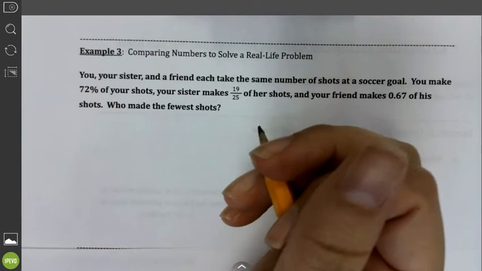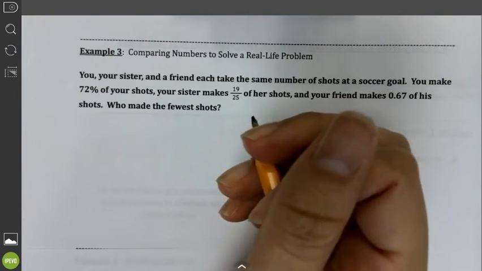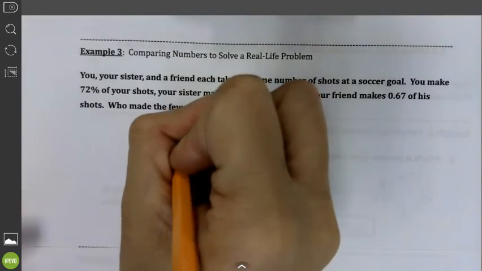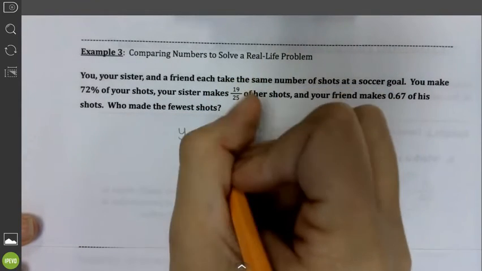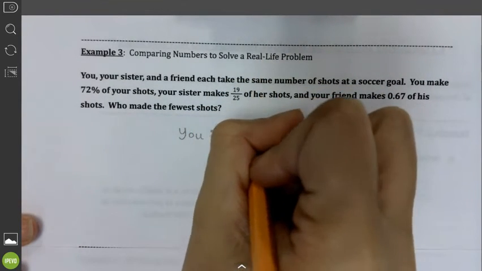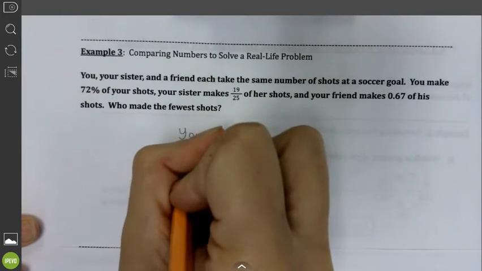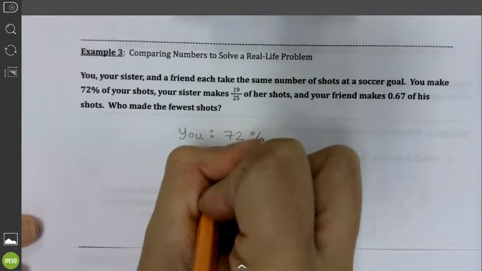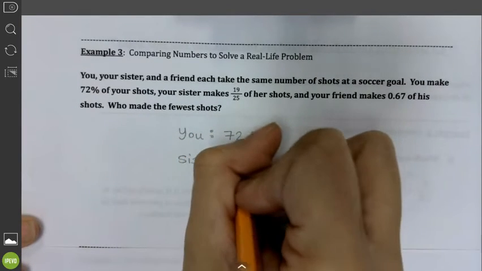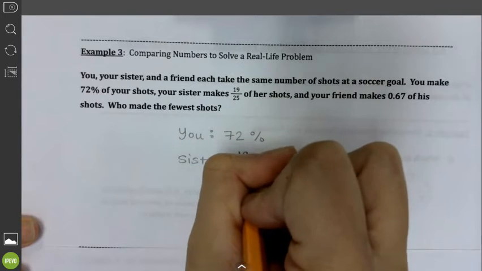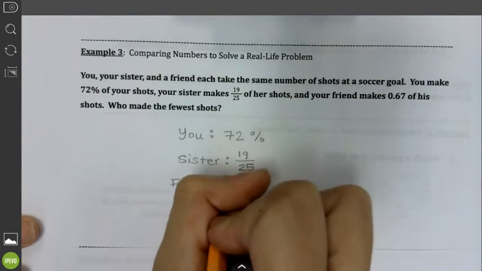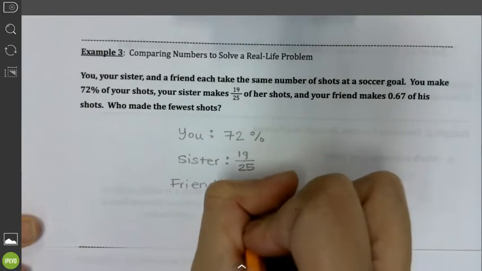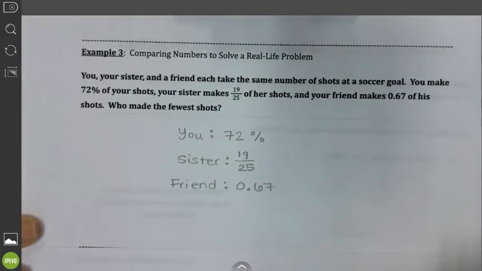So again, in order to compare these, we need them all to be in the same notation. So I'm going to start with you, or me, in this problem, which is at 72%. My sister is 19/25ths, and my friend is at 67/100ths.